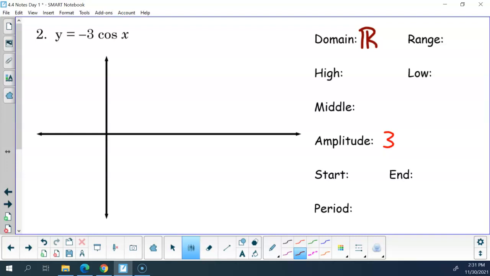Something else? Start is 0. Something else? End is 2 pi, which means my period would be 2 pi.